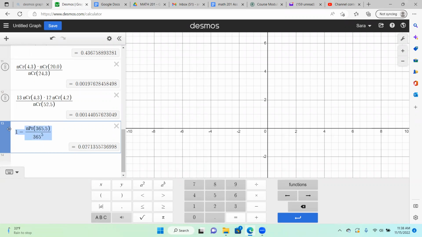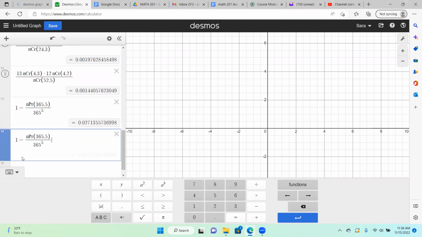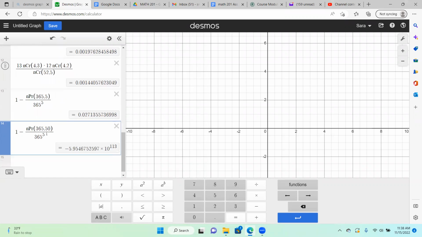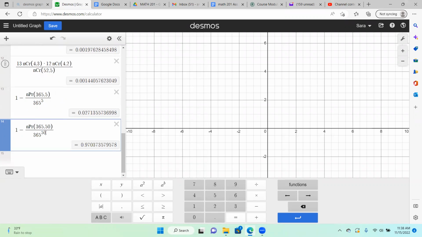And then 0.9704. So because there's 50 to choose from, it's much more likely that at least two people will have the same birthday. And so that's going to go up.